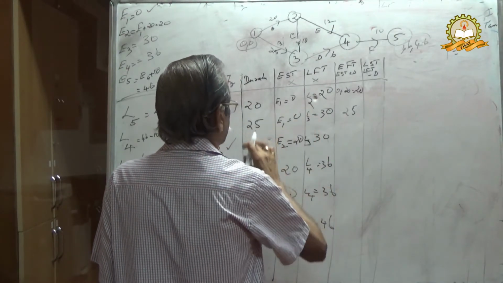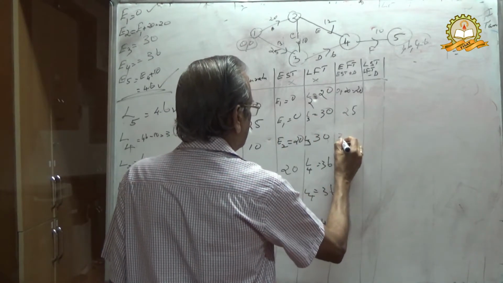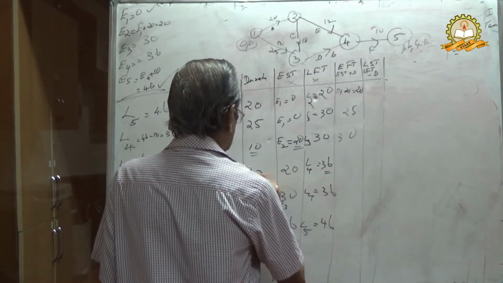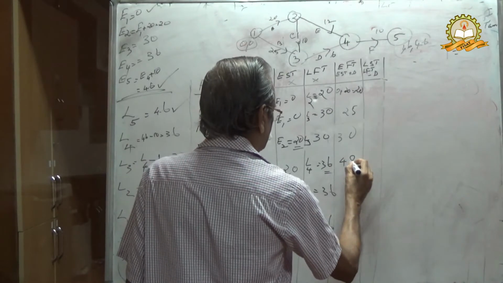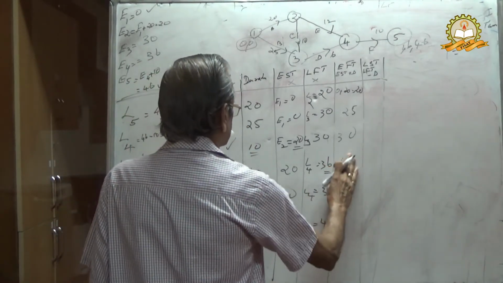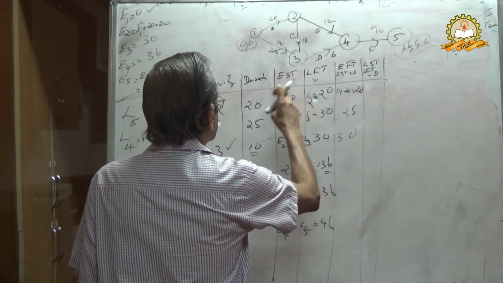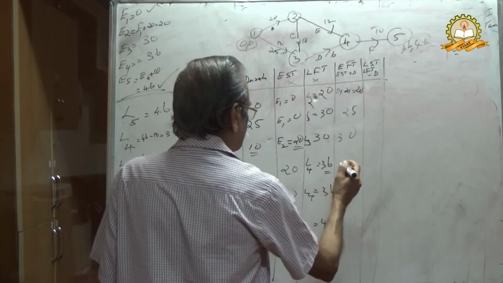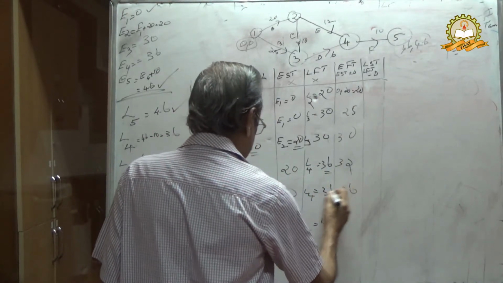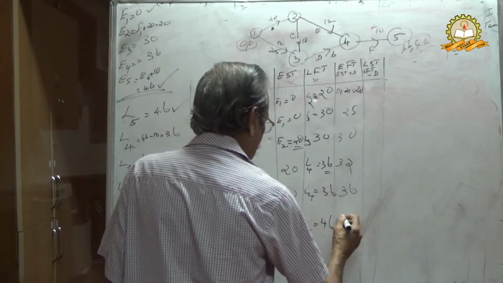Then here you have 30, here you have 48. EST plus duration: 30, 32, 36, and 46.